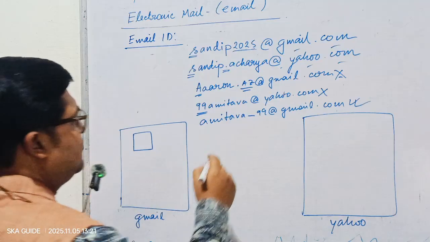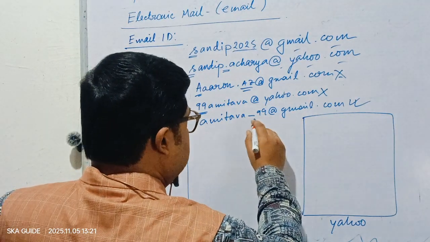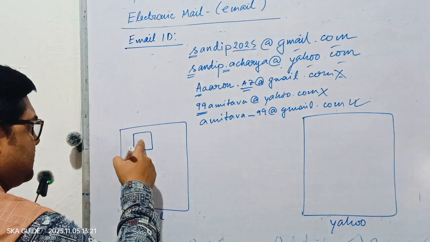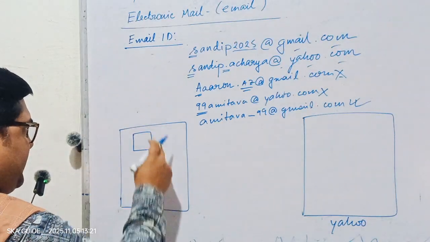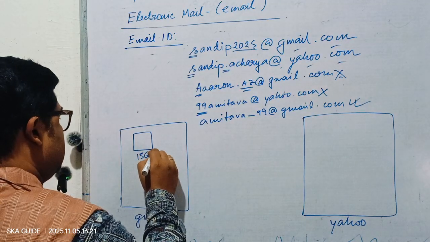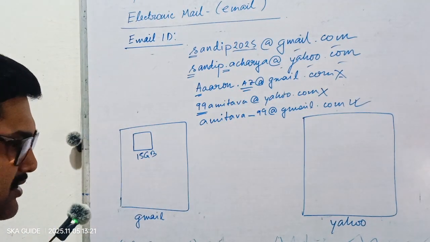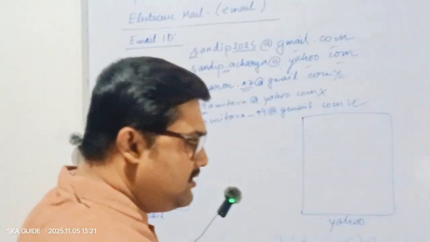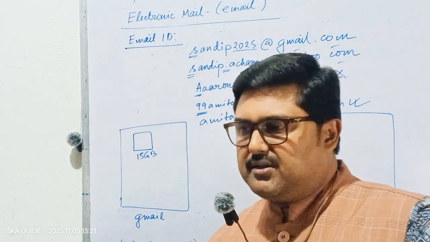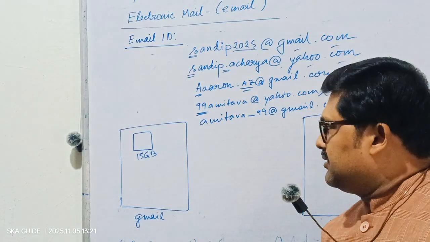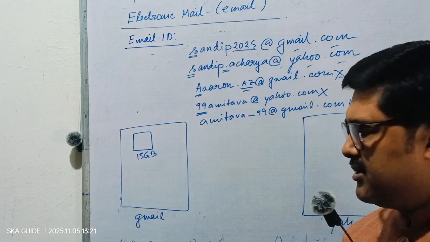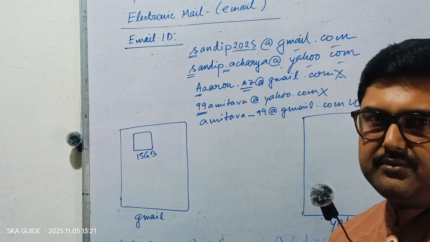If you have an email ID like Amitabh underscore 99 at the rate gmail.com, then this is your space. And Gmail provides 15 GB of space for your email, and here you can store the emails received by you, your photos, your videos. You can save them in this 15 GB of space.